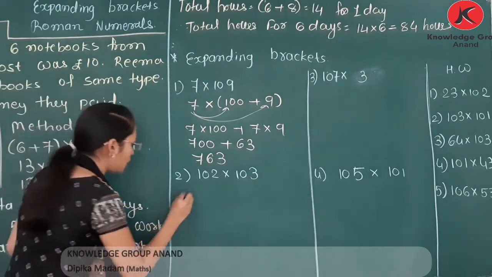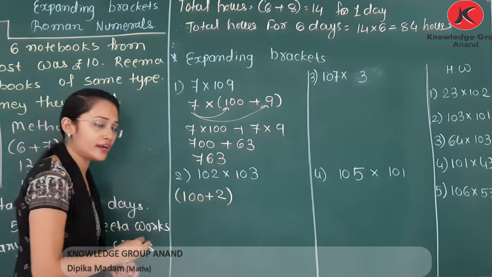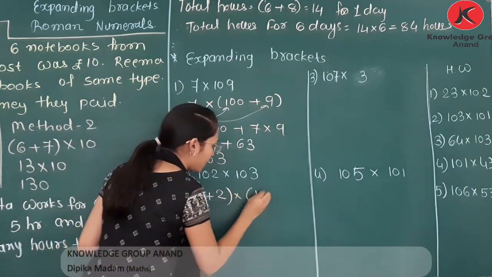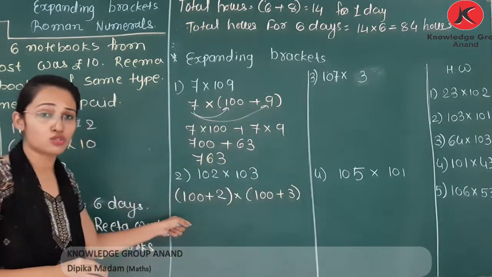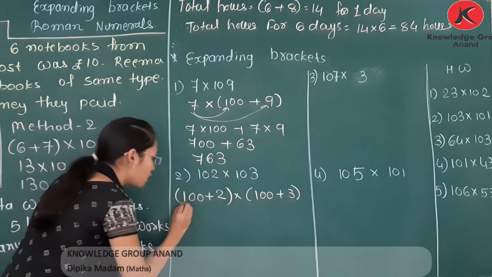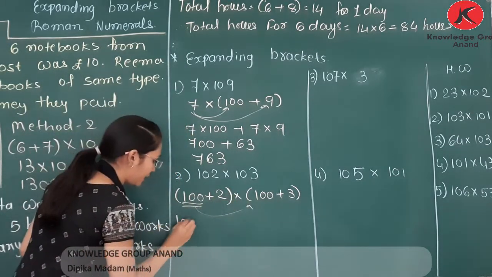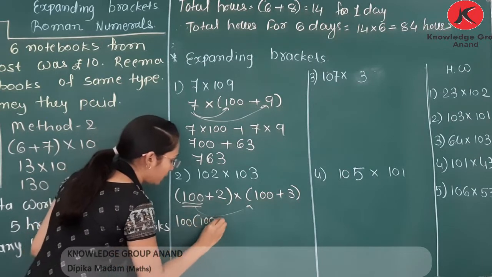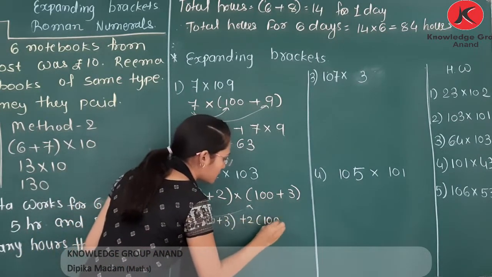Now you can write 100 plus 2, that is 102, multiply 100 plus 3. Now how can we solve this kind of example? First 100 is multiplied with the whole bracket. 100 is multiplied with 100 plus 3, plus 2 multiplied with 100 plus 3.